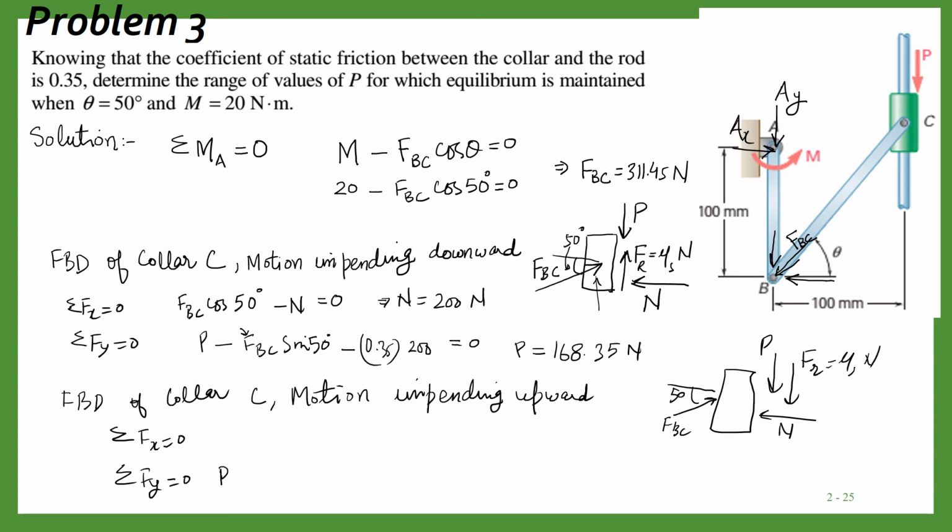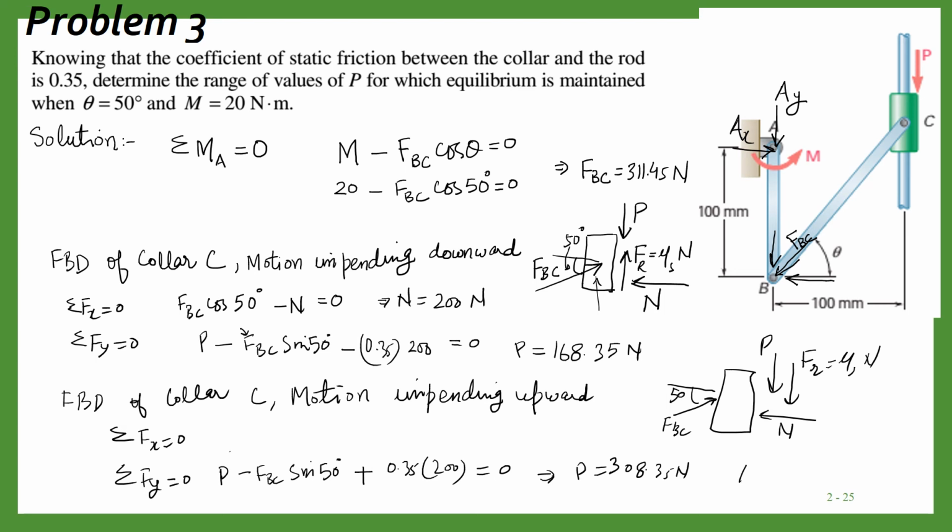Now in the y direction we have P minus FBC sine 50 degrees, and this time plus 0.35 into 200 equal to 0, and from this the value of P comes out to be 308.35 Newton.